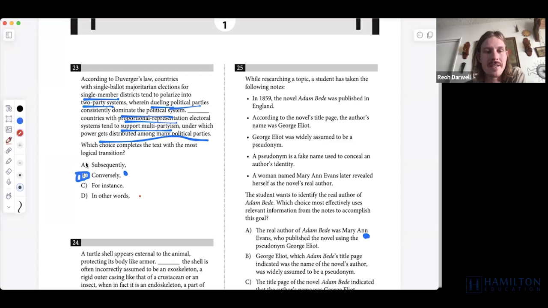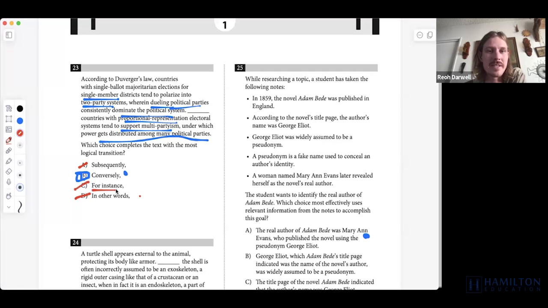Subsequently means that something came first and then something came second as a result, right? As a consequence of. For instance, would be we're providing an example. Okay. And in other words, it means we're kind of providing an example that clarifies meaning, right?